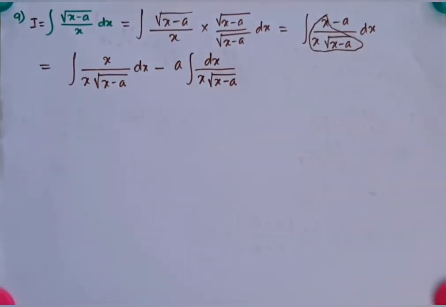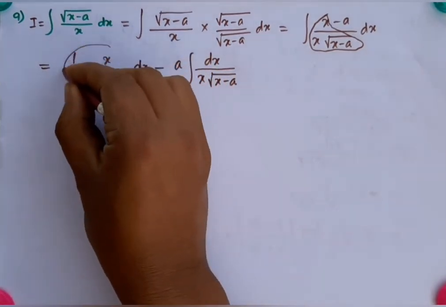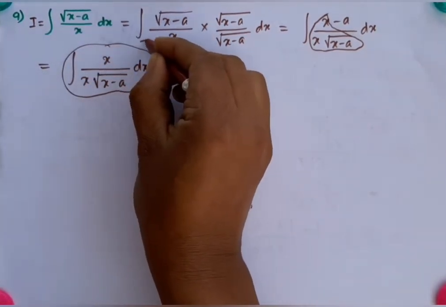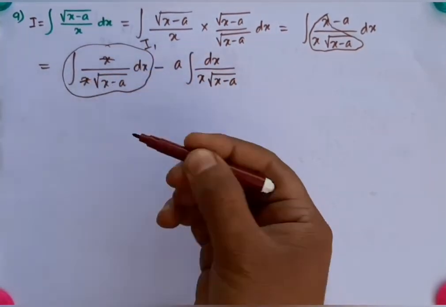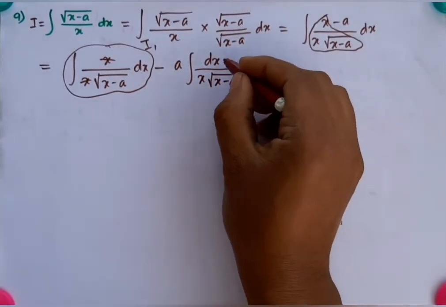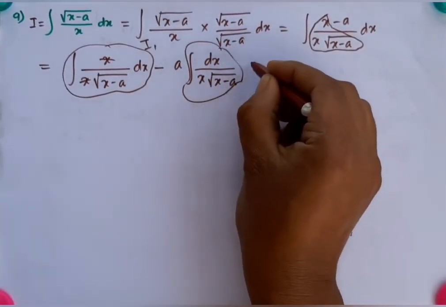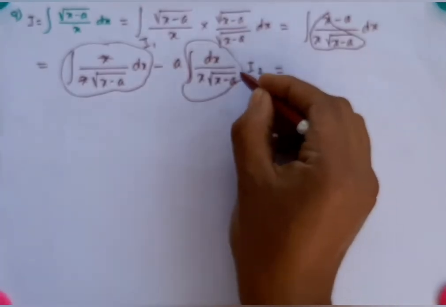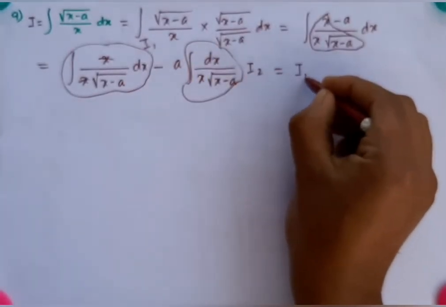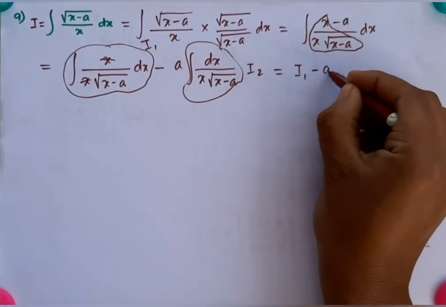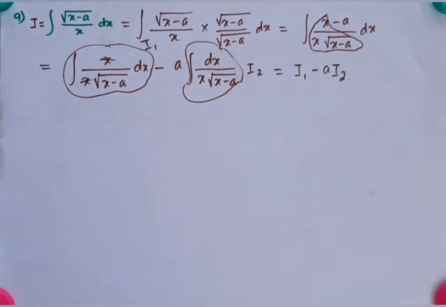So we got two integrals here. Let me call this integral I1, and this and this get cancelled. Let me call this integral I2. So we get I1 minus a I2, isn't it? So let's calculate I1 and I2 separately.